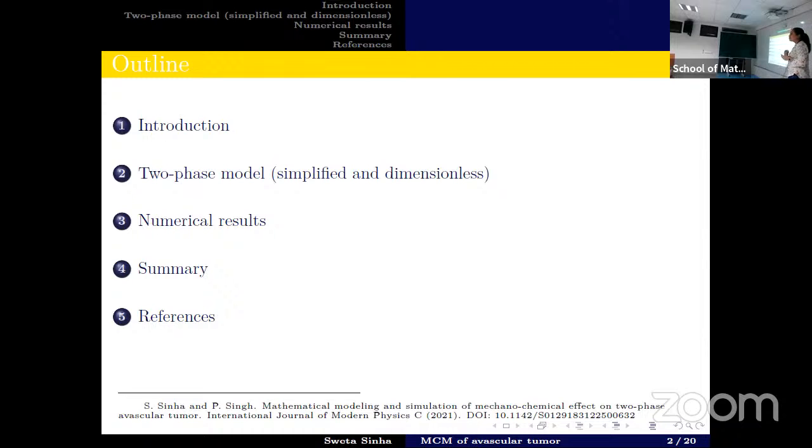I will present this in a more simplified and dimensionless form that consists of a coupled system of nonlinear partial differential equations. Then I will discuss the numerical results obtained through solving this system of equations. Then I will conclude by giving the summary of our work. And at last, I will present the references.